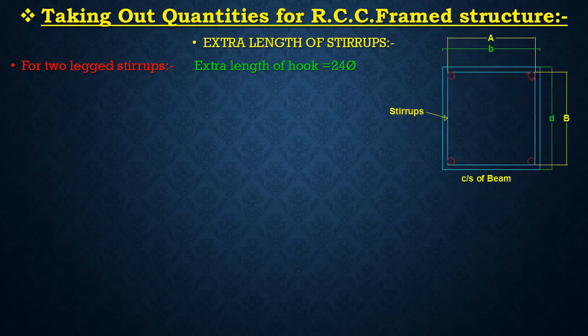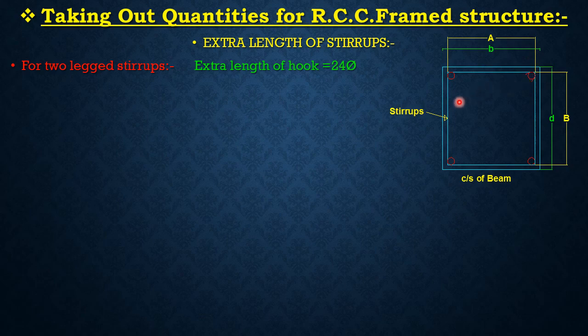Figure shows 5 bends, 1, 2, 3, 4 and 5 at 4 corners. Here are 2 hooks and this is a concrete cover. The hook is extra length left at the 4th corner of a stirrup so that the stirrup retains its shape.